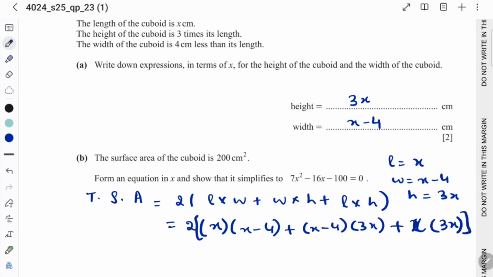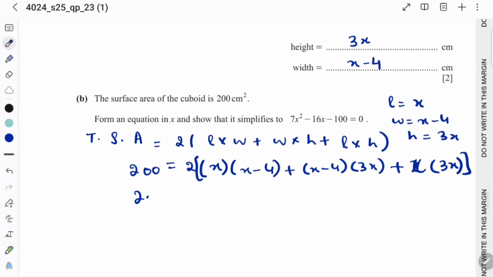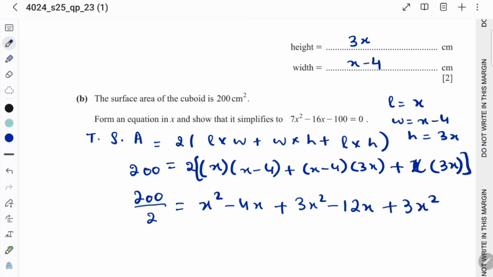I just substituted the values. It is equal to 200. 200 upon 2 is 100. Now we are multiplying. Okay, so that is x squared minus 4x plus 3x squared minus 12x plus 3x squared.